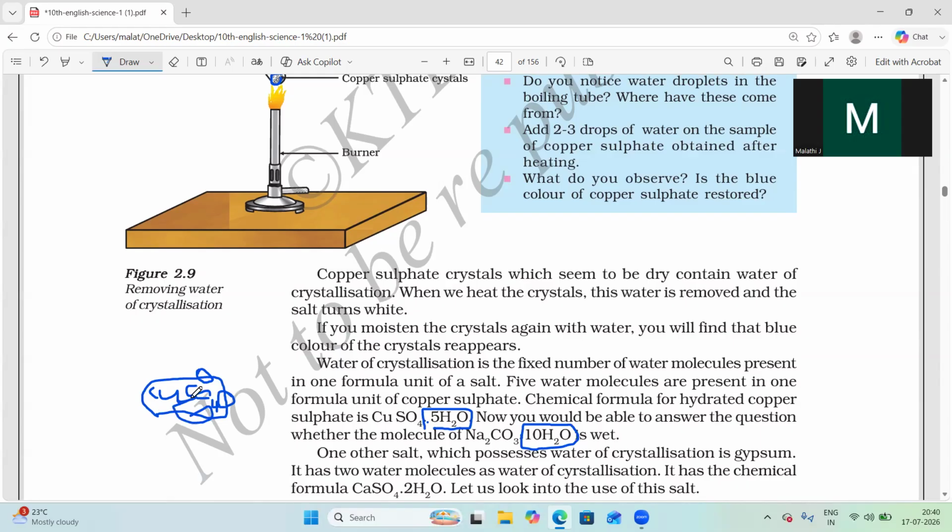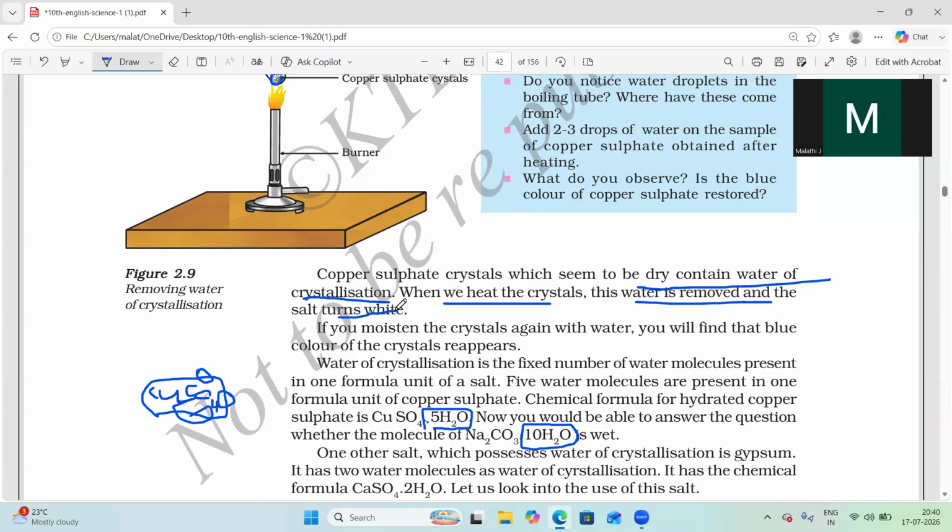That is water of crystallization. Though it appears dry, it contains water of crystallization. When we heat the crystals, the water is removed and it turns white in color.